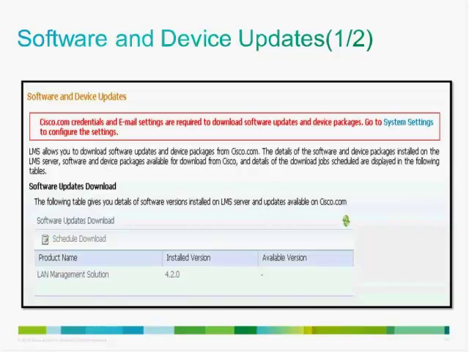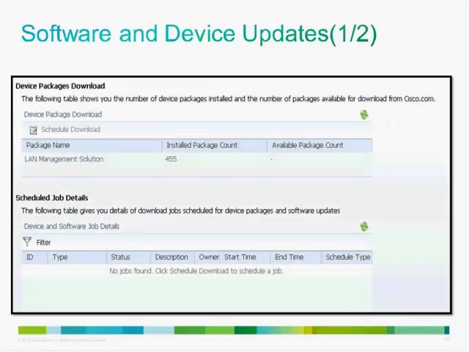Any kind of software or device update shuts the daemons down, so it is always required to plan in advance when you want to go for an update, because we'll have some downtime expected.